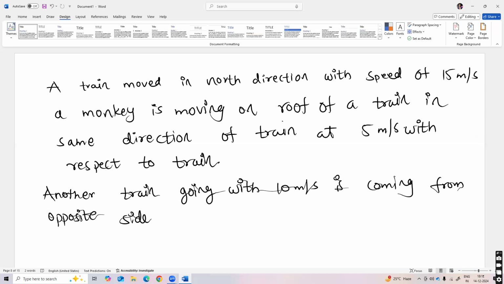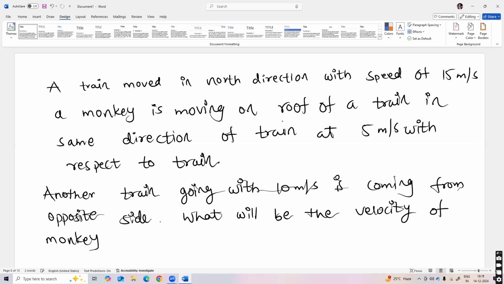What will be the velocity of the monkey as observed by an observer in the other train?